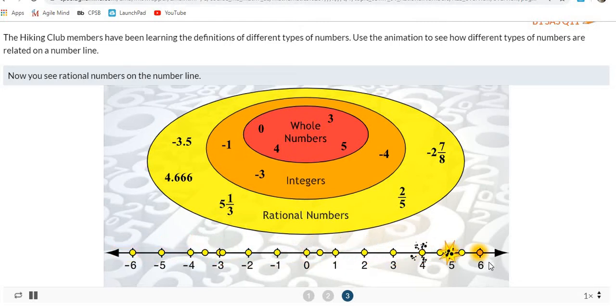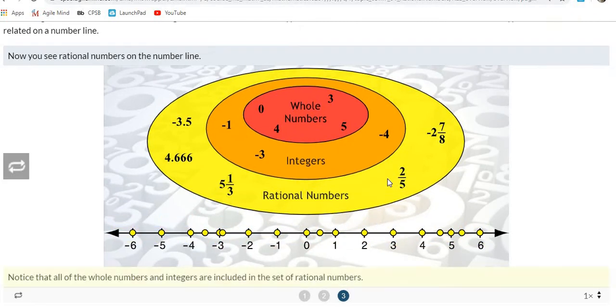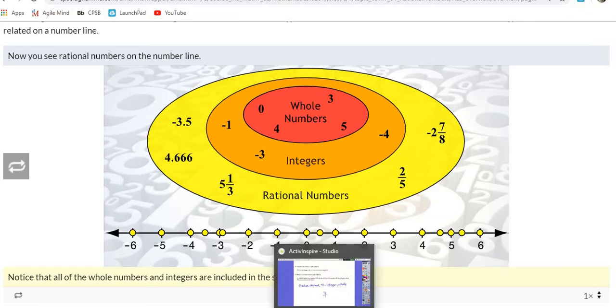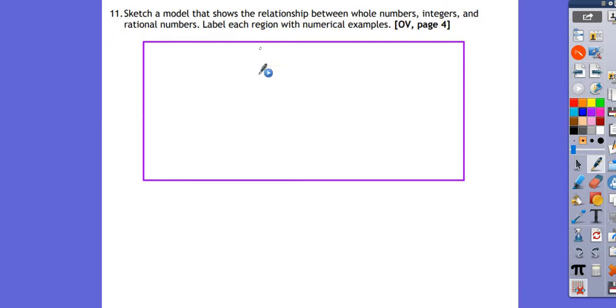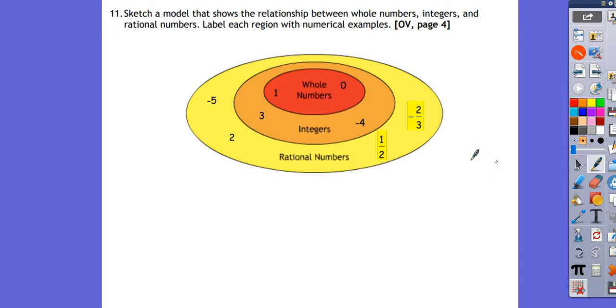So all of these are examples of rational numbers. So for number 11, we want to try and sketch a diagram of that to represent that. So here's a diagram, kind of like what we just had.